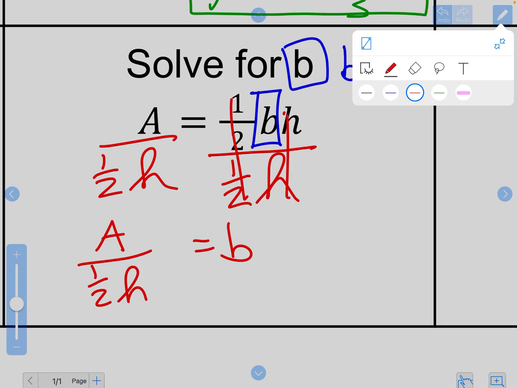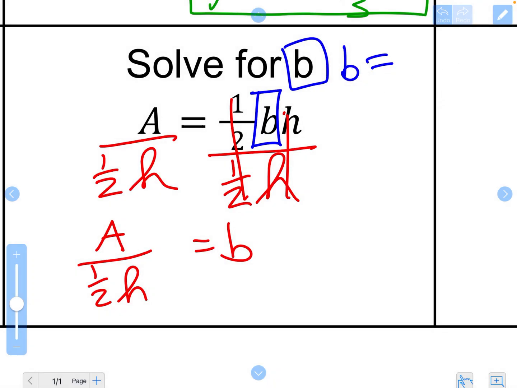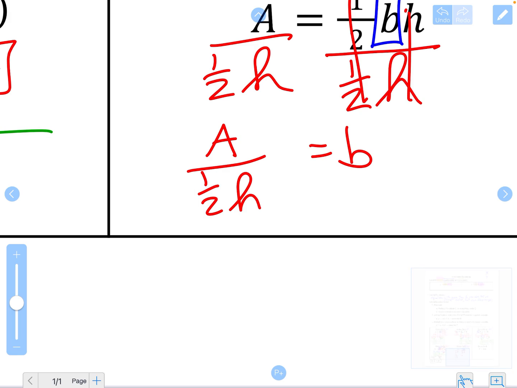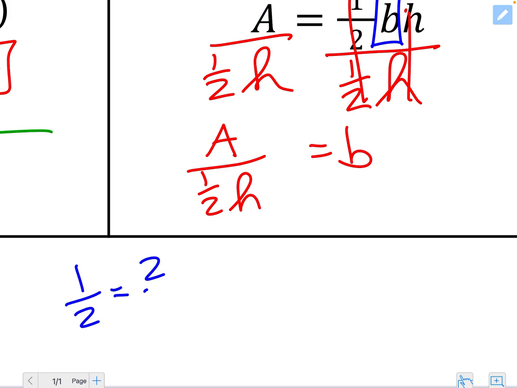Now, I still have one more step because I can't divide by 1/2. And so when I divide by a fraction, you could put this in the calculator, but I'm also going to talk you through it. So dividing by a fraction is the same thing as multiplying by the reciprocal. So if my fraction is 1/2, the reciprocal becomes 2/1.